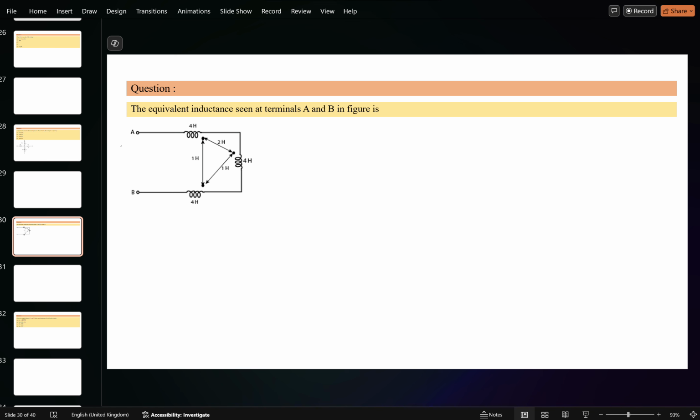If you don't know the self-inductance or the mutual inductance, just let me know in the chat box, or you can open your mic and let me know. Then I will give you the concept beforehand.